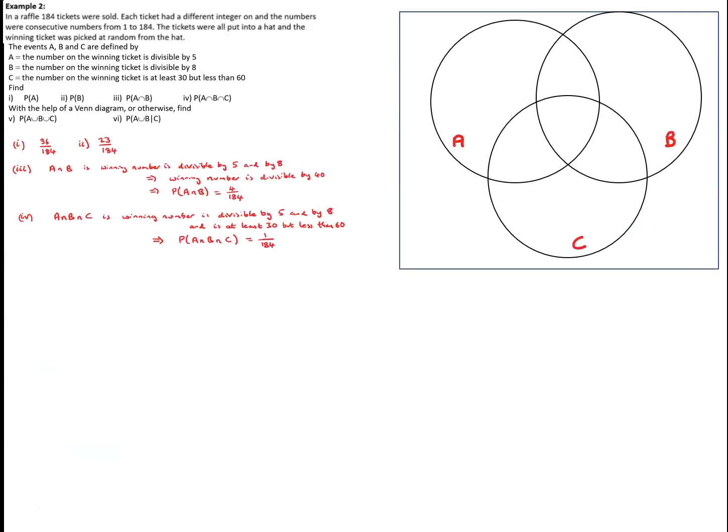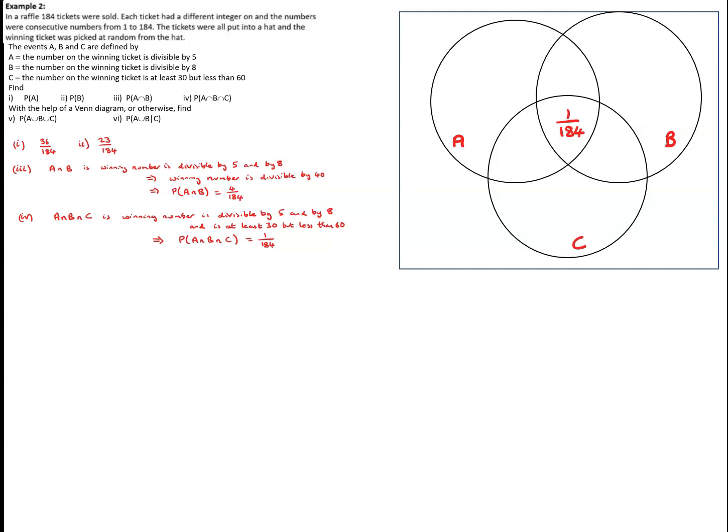So we've got our probabilities so far. Now we've got to find the probability of A union B union C. At the moment we can already put in that the probability of A intersect B intersect C is 1/184th. We also know the probability of A intersect B is 4/184ths.